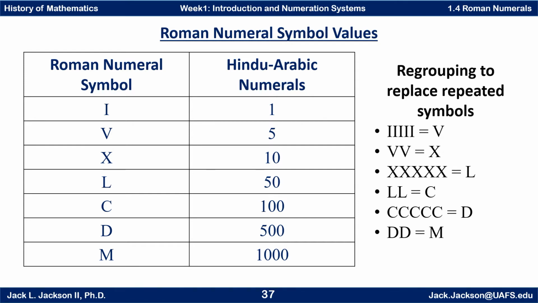Now, when there would be 5 repeated I's, they are replaced by a V. When you would get 2 repeated V's, that could be replaced by an X. 5 X's could be replaced by an L, 2 L's by C, 5 C's by D, and 2 D's by an M. So there's never more than one V, L, or D needed, and there's never more than 4 repeated I, X's, or C's. Okay, at least for numbers less than 6,000, we shouldn't have more than 5 M's.